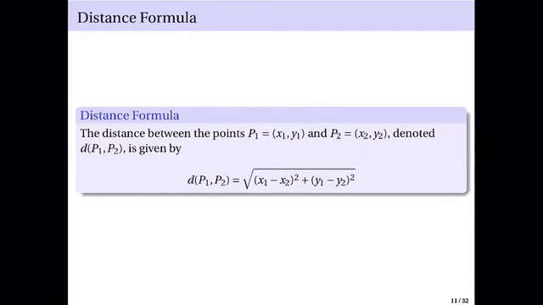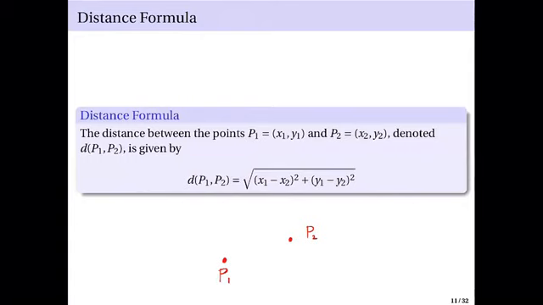So if you have this point P1 and then you have this point P2, take note, I'm not even drawing the x and y axis here. So these are really arbitrary points on the plane.